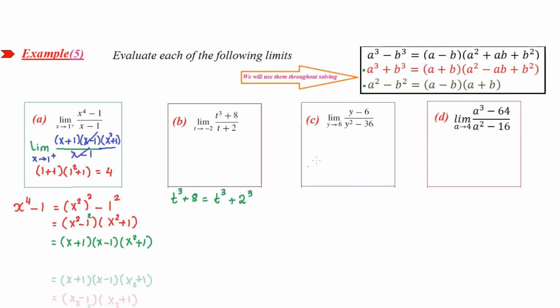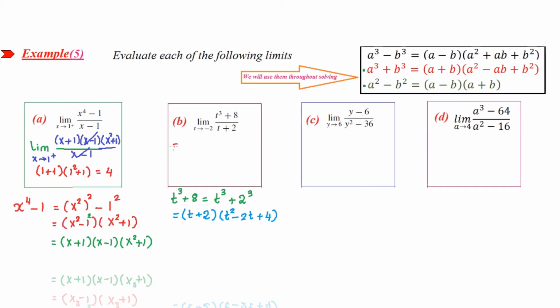So if you compare this one by the rule, a equals t and b equals to 2, equals t plus 2 multiplied by t square minus 2t plus b square, which is 2 square, 4. So this is the factorization of t power 3 plus 8.